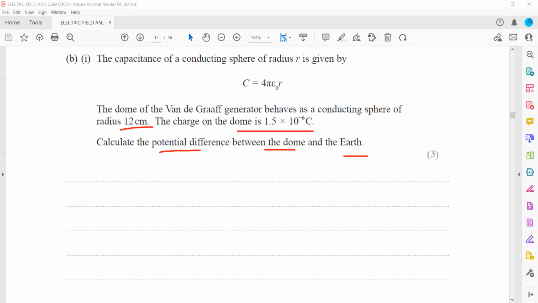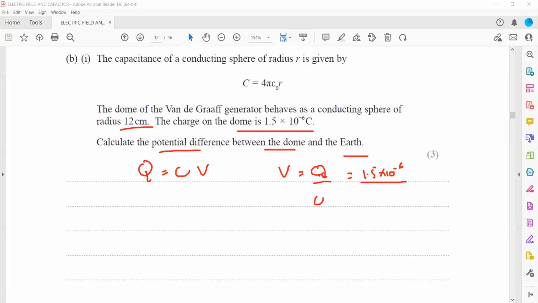So we'll use the formula Q equals CV, so V equals Q divided by C, where Q is the charge on the dome, which is 1.5 times 10 to the power minus 6, divided by the capacitance.